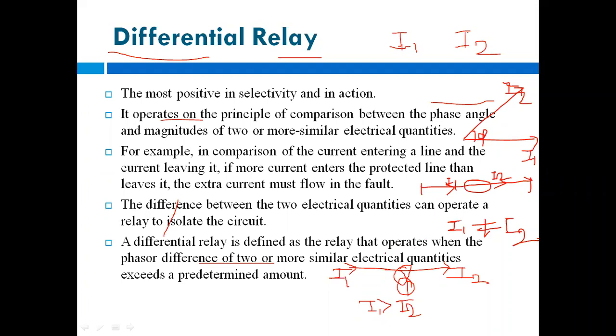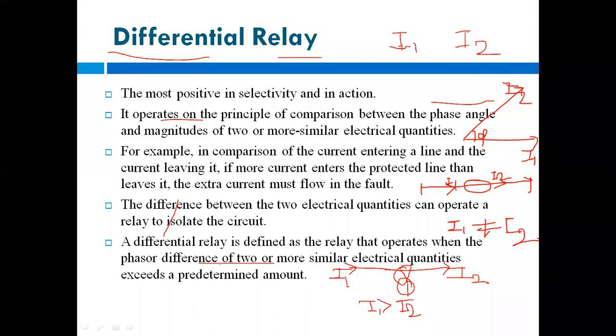When any relay operates, it gives a signal to the circuit breaker for opening the circuit. Because of the fault only, these two currents are unequal, means fault current is flowing through the equipment, so it is sensed by the relay, and this relay gives a signal to the circuit breaker for tripping, means for disconnecting the faulty section.